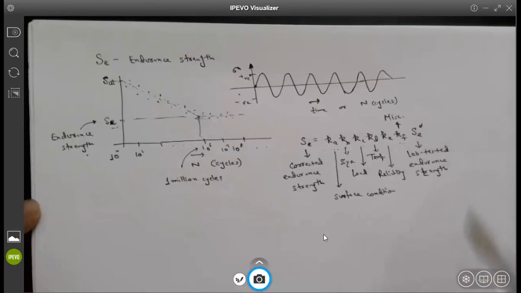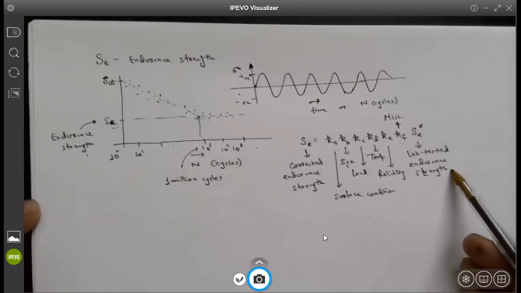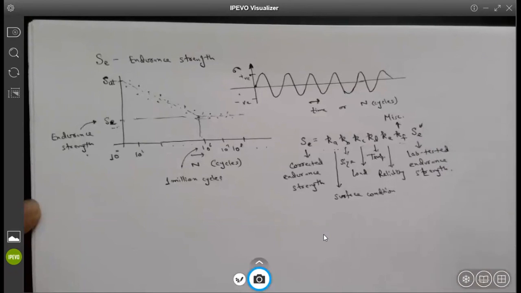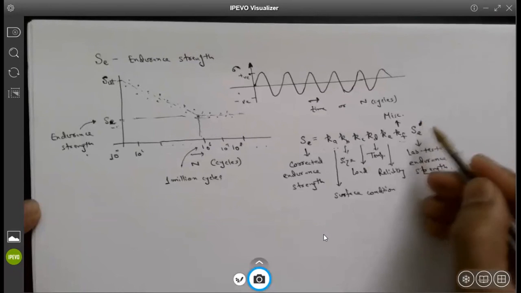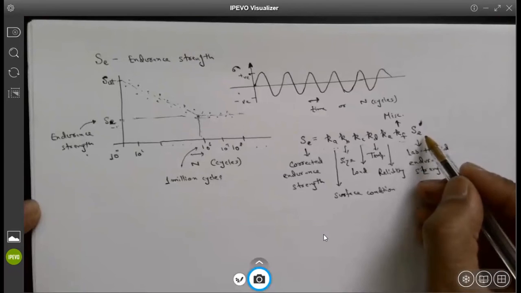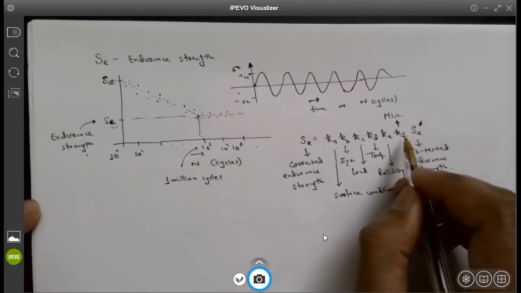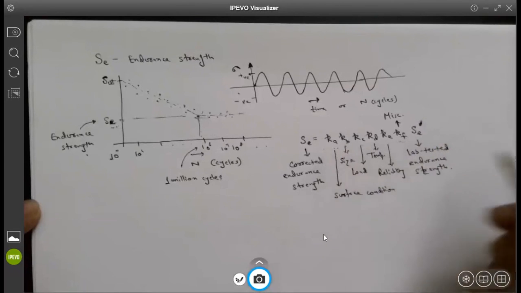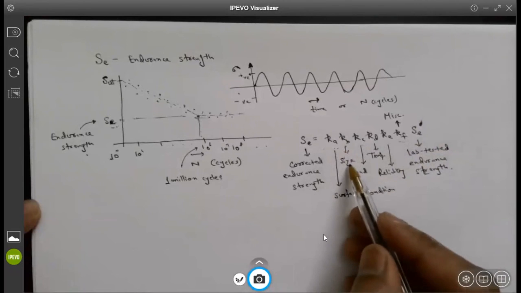Basically, it means that it is the endurance strength for a given material under laboratory conditions or under very controlled conditions. So this is a value that you will get from the tables for any material, but you cannot use this value as such, because as I said, the endurance strength of a material depends on all these factors. What is the surface condition? What is the size factor?